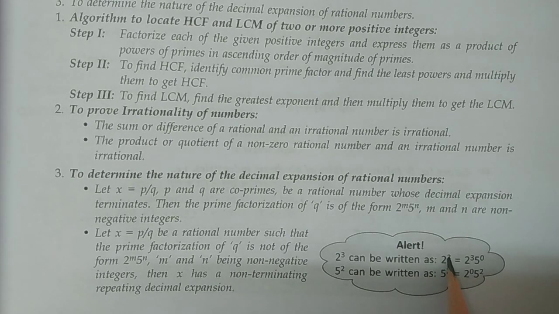For example, 2 to the power 3 can be written as 2 to the power 3 and 5 to the power 0, and 5 squared can be written as 2 to the power 0 and 5 to the power 2.